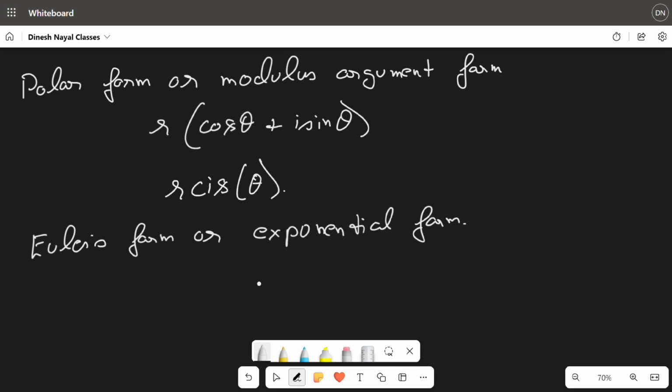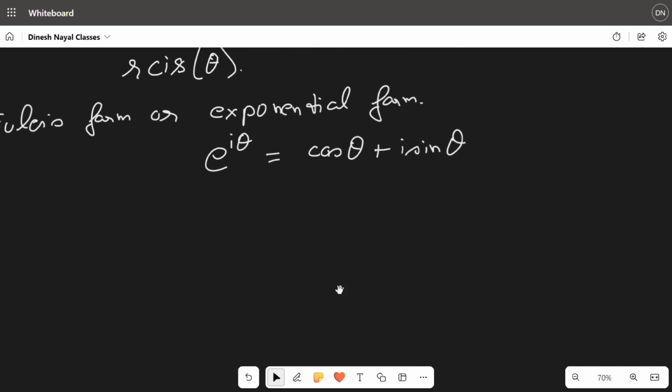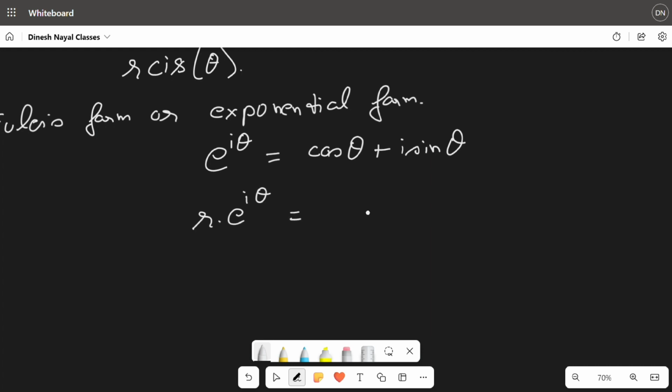In Euler form, we write e to the power i theta, which equals cos theta plus i sin theta. This is the case when r equals 1. If you take the modulus, we can also write in Euler's form as r e to the power i theta, which is the same as, in polar form, r times cos theta plus i sin theta.